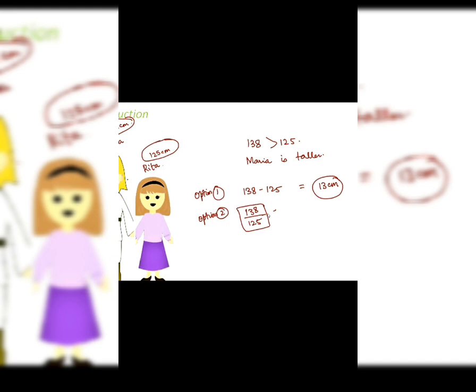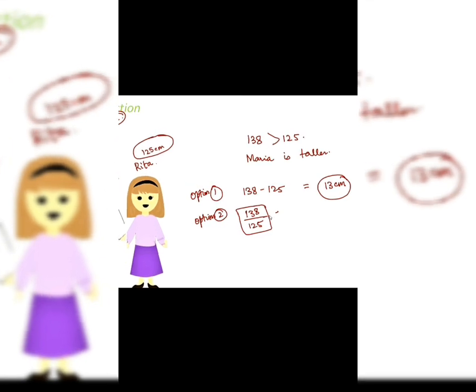So that is another way of comparing their heights. In this lesson, we are basically going to compare two quantities. Not only compare in the sense greater than or less than, we're also going to talk about how much is one quantity with respect to other quantity.